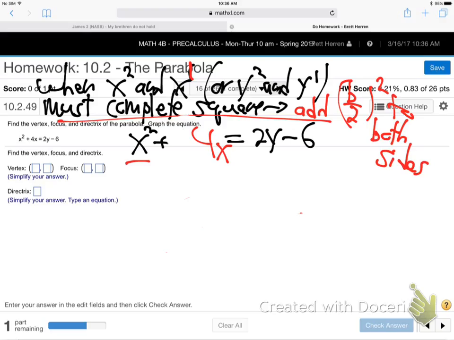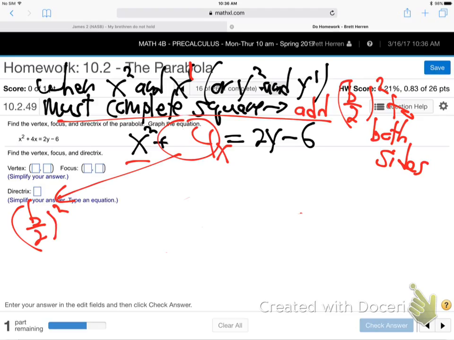All right, here we go. Complete the square. Add b over 2 squared to both sides. B over 2 squared. 4 over 2 squared. 2 squared is 4. You should be adding 4 to both sides, right? So you grab the b.